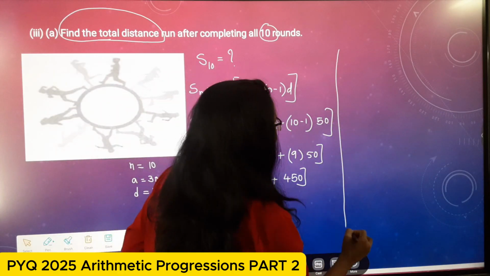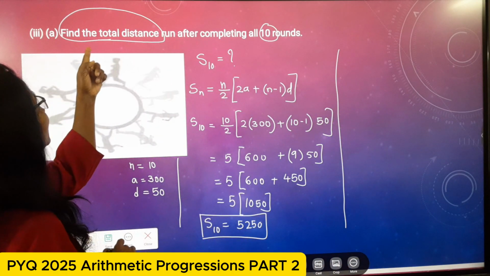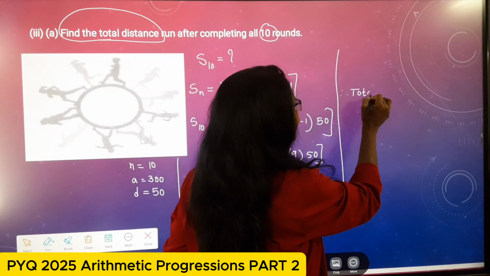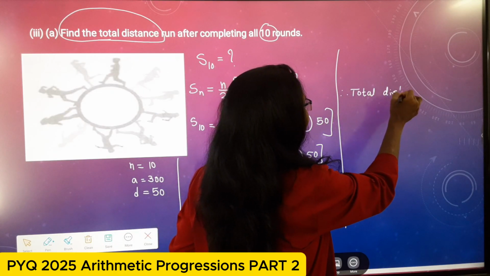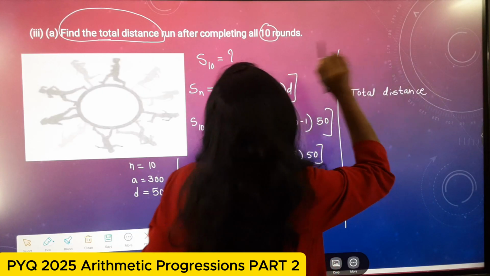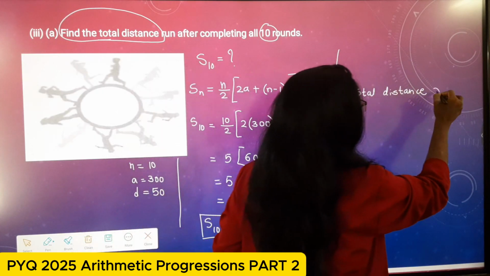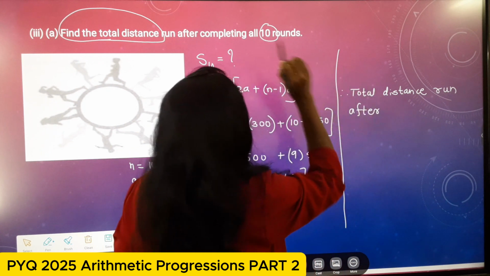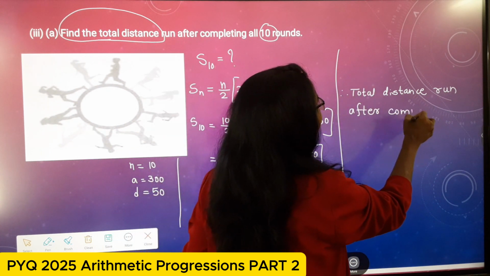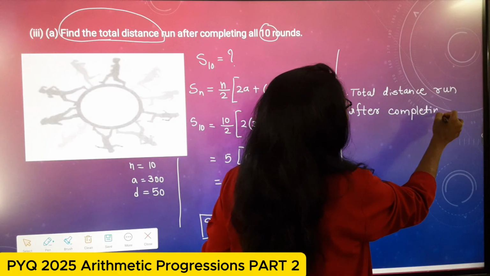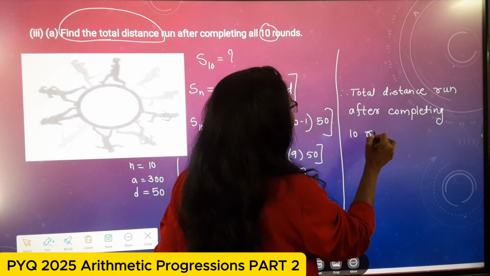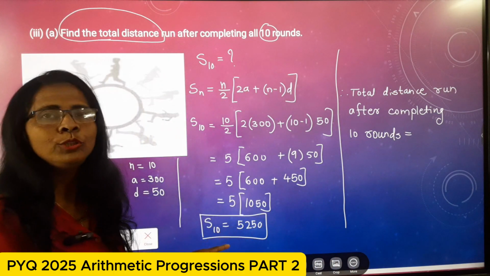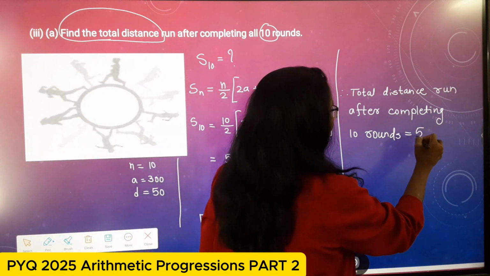Therefore, the total distance run after completing 10 rounds is equal to 5250 meters.